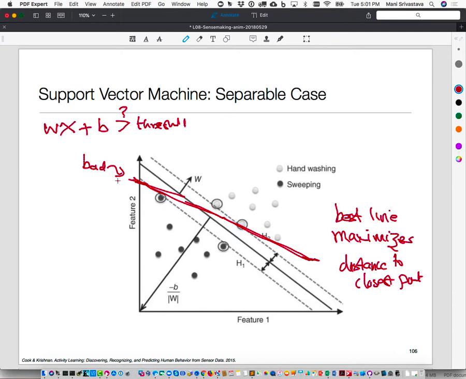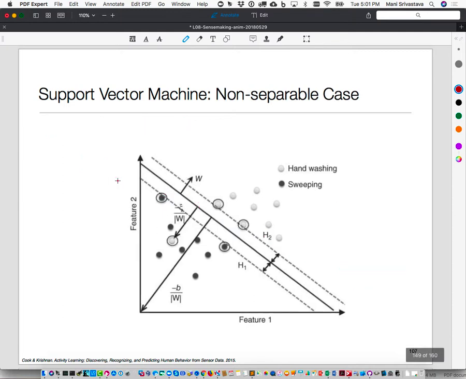Now, the harder problem which occurs is when it is non-separable, which is often what real world data would be. So in this case, again, I have black and white points, except there is no straight line which provides that separation.